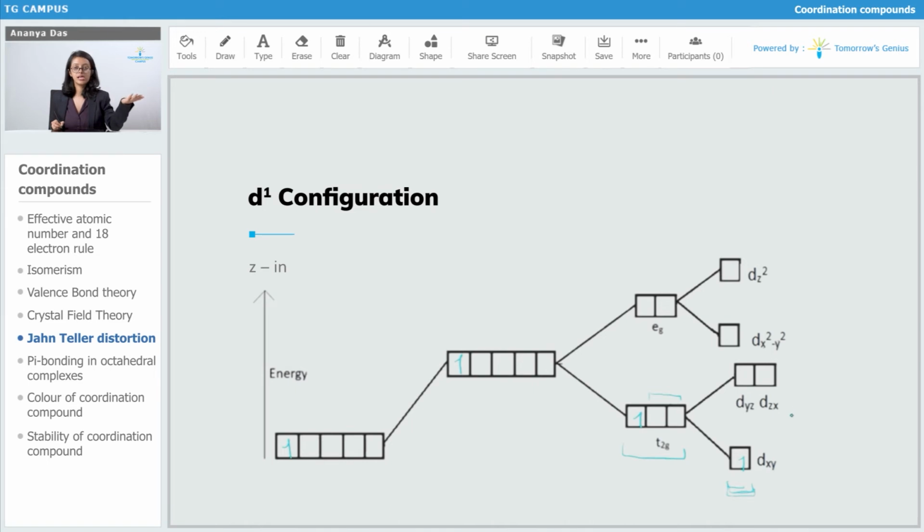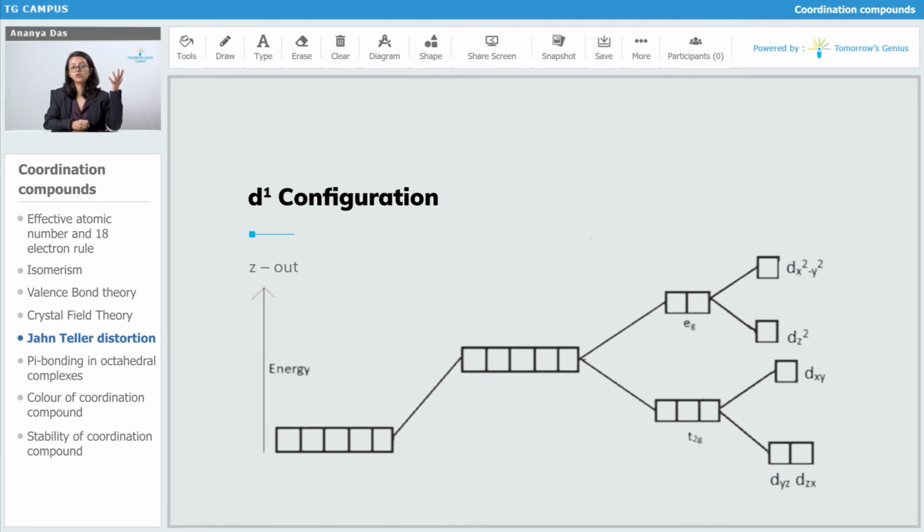So the electronic degeneracy is removed as well as the energy is lowered. The t2g is present at a higher energy than the dxy, so this is like killing two birds with one stone.